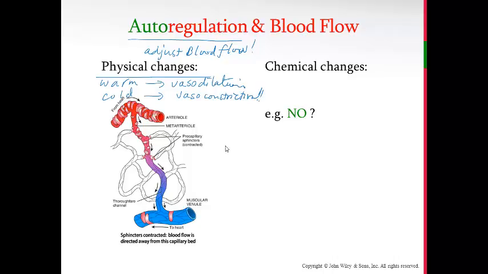Okay. Now, chemical changes also depend on, for instance, the chemicals that are released, local hormones that are released in our tissue. Now, NO doesn't mean no, it means nitric oxide. So this is a very, very powerful vasodilator.